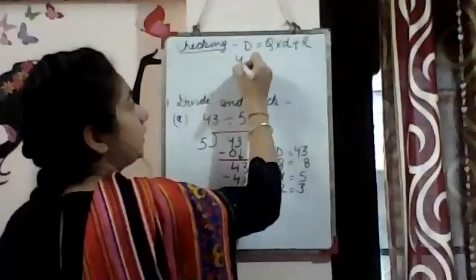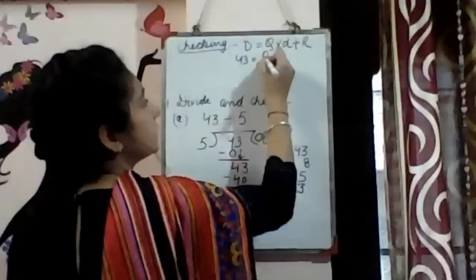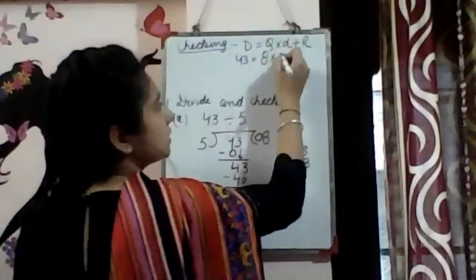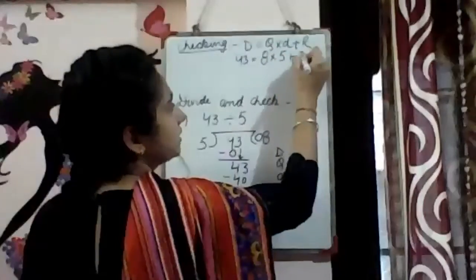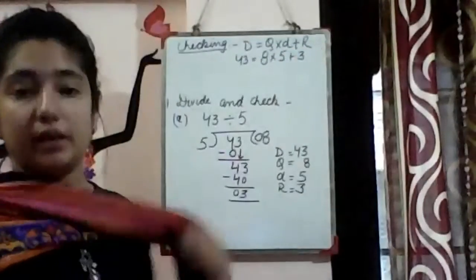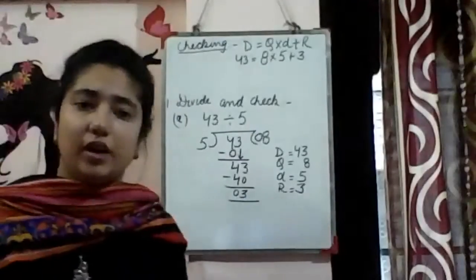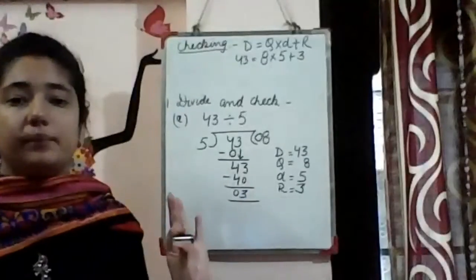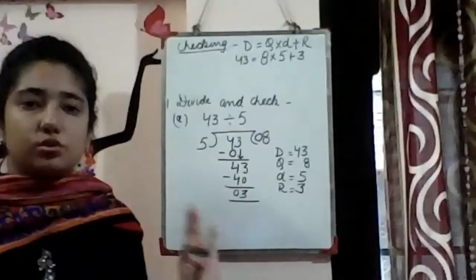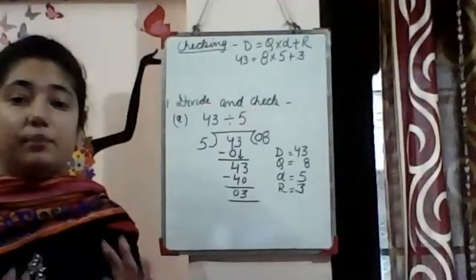Capital D is 43, capital Q is 8, small d is 5, and remainder is 3. So firstly, what we will do, multiplication or addition? Quickly, write in the chat box. We are doing this sum very slowly, okay, so that each and every step will be clear to you.